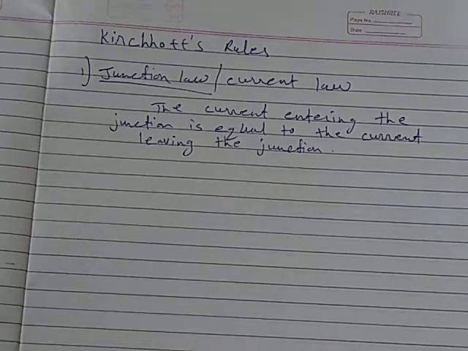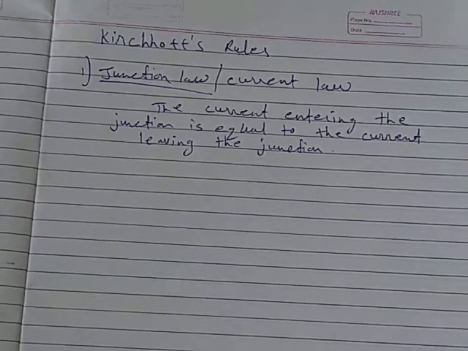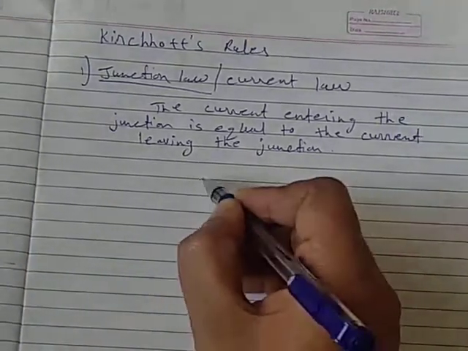Now what is the junction? A junction means the point where three or more wires are joined together. Suppose this is a junction.